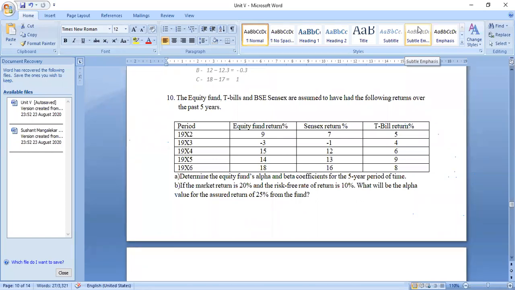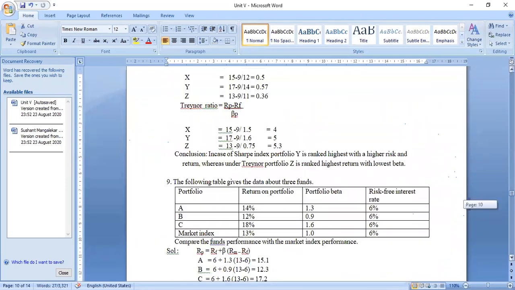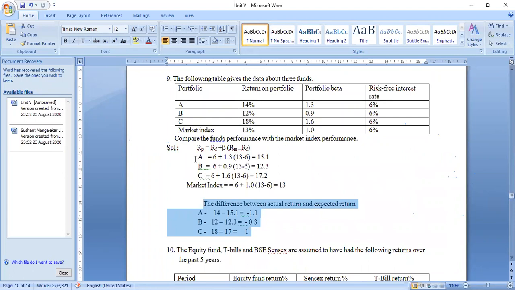Okay. So here, if Rp minus Rf, yes. Now with this particular formula we are going to get the difference, as you said. If you try to bifurcate, then we can make a comparison.